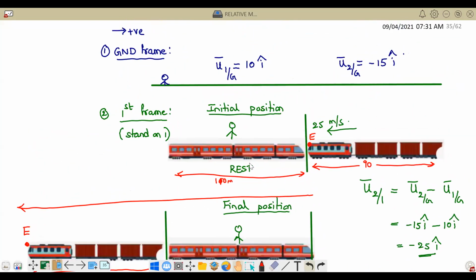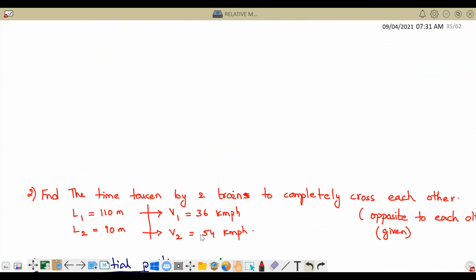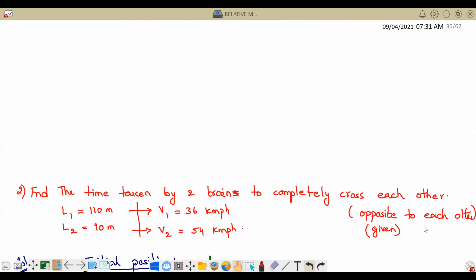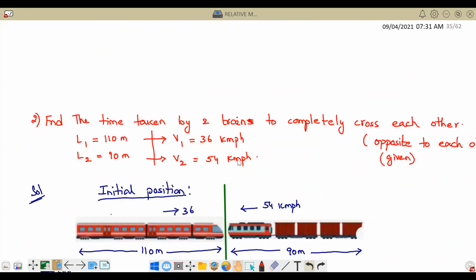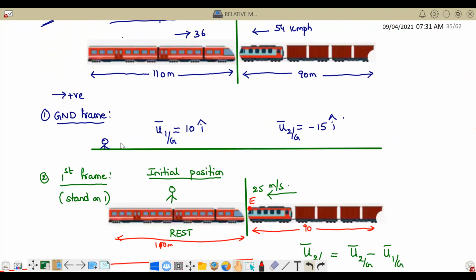So first of all, you have to understand, the question will be given like this: find the time taken by the two trains to completely cross each other when they are moving opposite to each other, given the length of the first train, the length of the second train, and the velocities of the trains. First, you have to understand that this problem belongs to the constant velocity model.